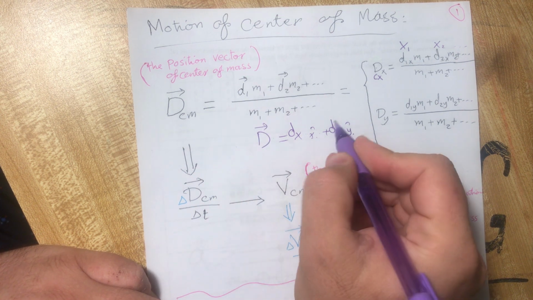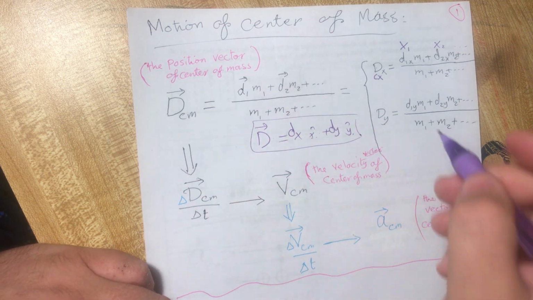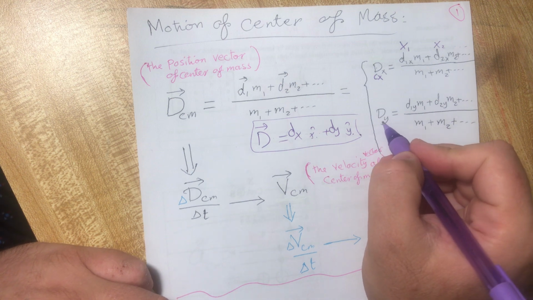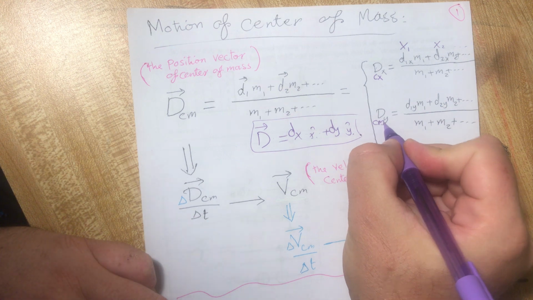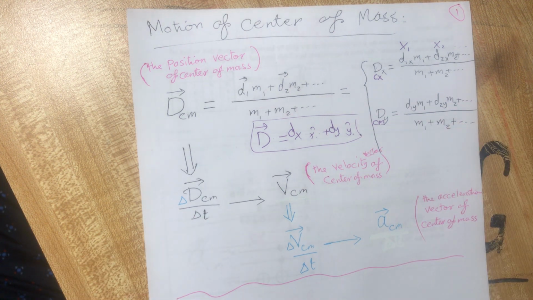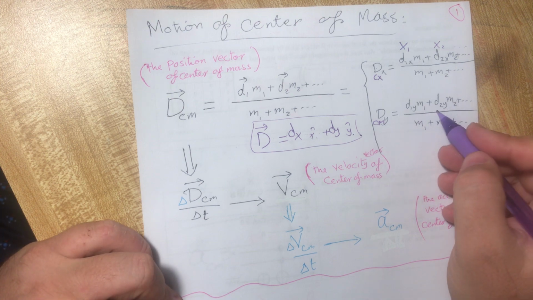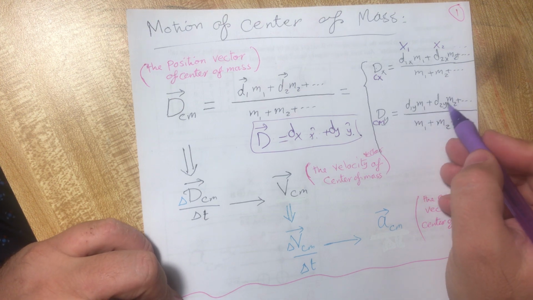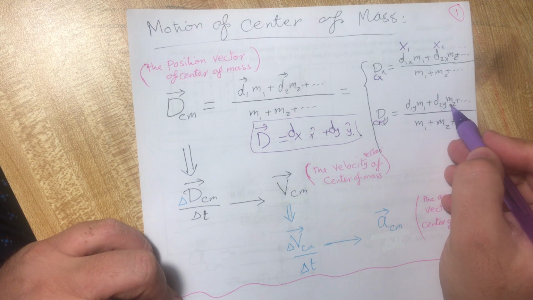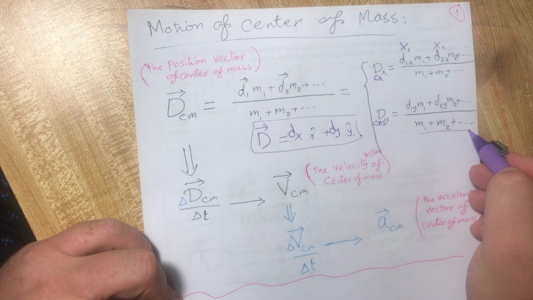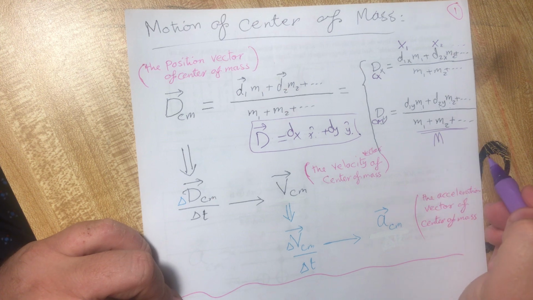This is the position vector d. And the position of the center of mass in the y direction is equal to y1 for the first body multiplied by the first mass, plus the position in the y direction for the second body multiplied by its mass, divided over the capital mass M.